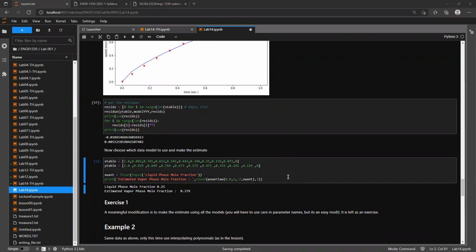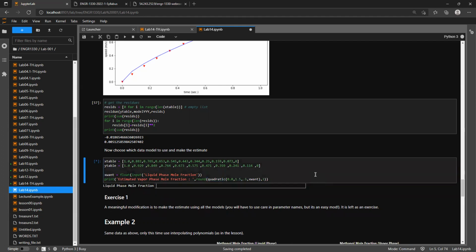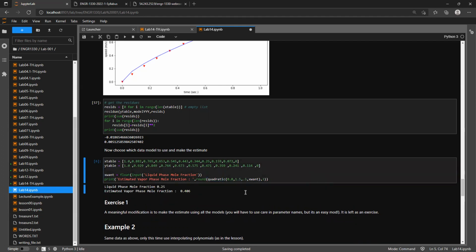Sam says a really good quadratic is 0, 1.5, and negative 0.5. Okay, 0.25. Oh, negative. I was about to say 0.25.